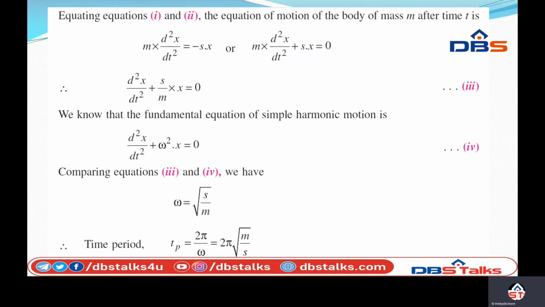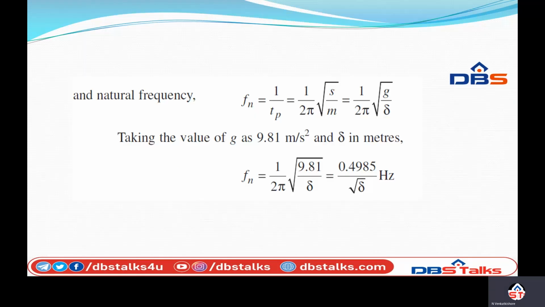The natural frequency is the reciprocal of the time period, so it equals 1 by Tp, which equals 1 by 2 pi into square root of s by m. We write s as W by delta, since W equals S delta.